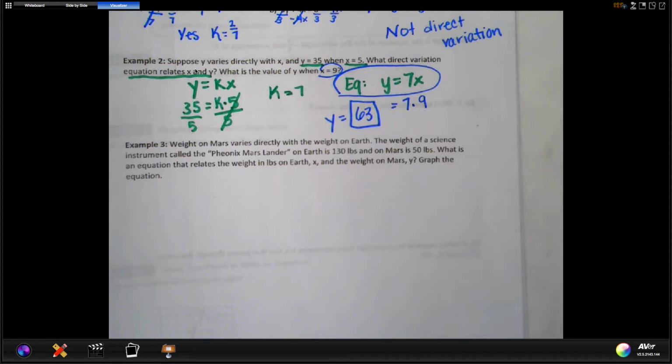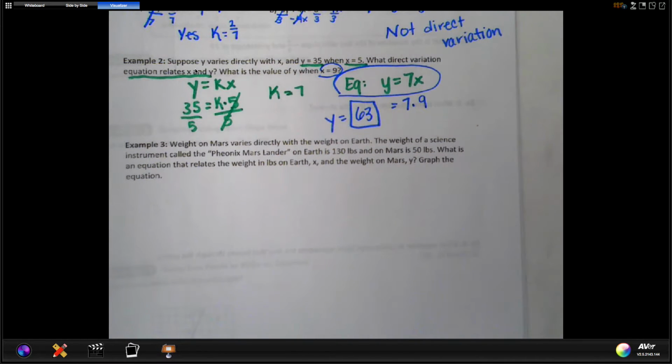The weight of a science instrument called the Phoenix Mars lander on Earth is 130 pounds, and on Mars is 50 pounds. What is an equation that relates the weight in pounds on Earth, x, and the weight on Mars, y? Graph the equation.